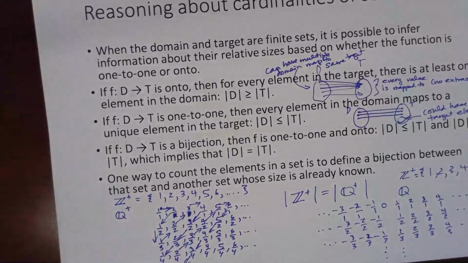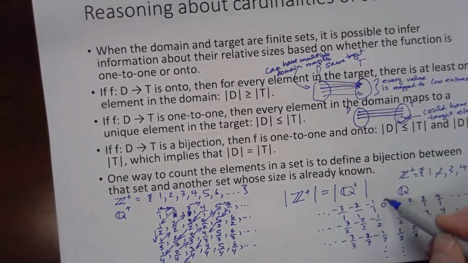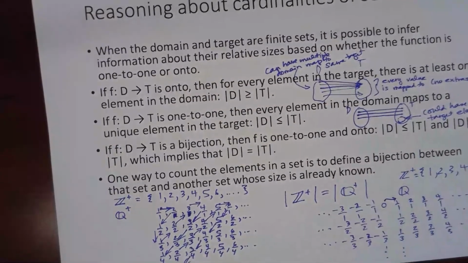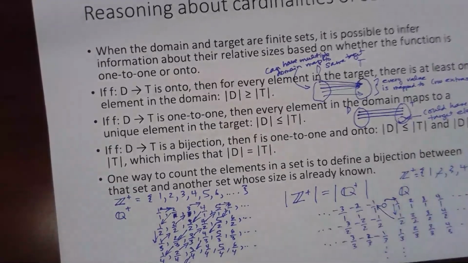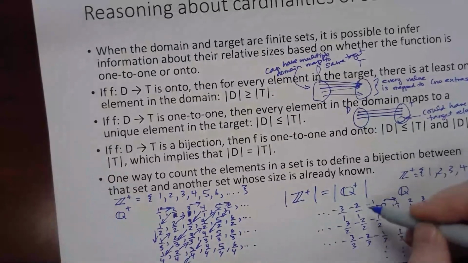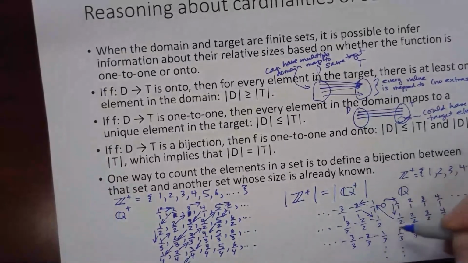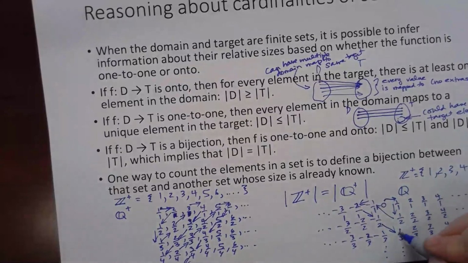But if I just find a clever way to do a mapping, I say, okay, well, this is going to be my first one. Then I'll map 2 to that one, and I'll map 3 to this one. And then I'm going to go over to the other side. I'm going to map 4 there, and then 5 there, and 6 there, and then I'll go back to this side, 7, and then 8, and 9.